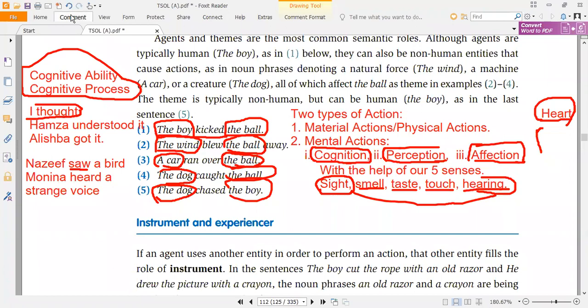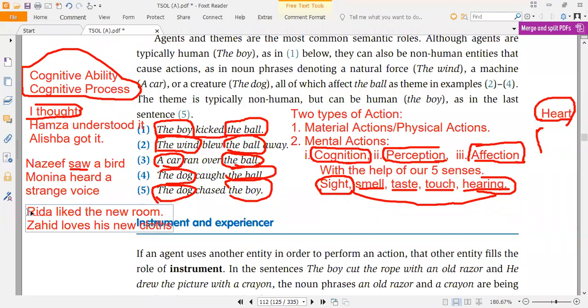Now, for example, if I say Rida liked the new room, right? And Zahid loves, for example, Zahid loves his new clothes.